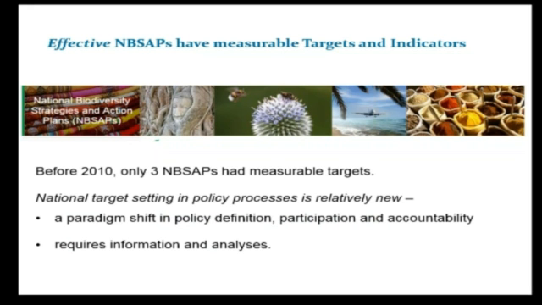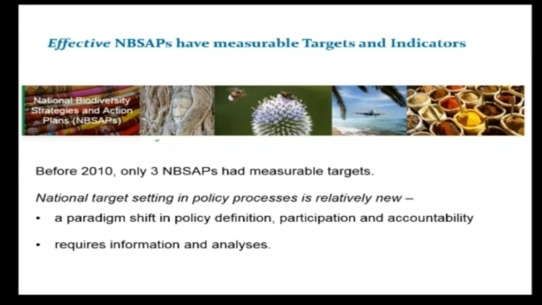And I think it's important to recognize that the process of setting targets at the national level in policy processes is relatively new. It could be seen even as a paradigm shift in policy definition, and the participation of many stakeholders and civil society in that process, and that having targets means that there is increased accountability for their achievement.